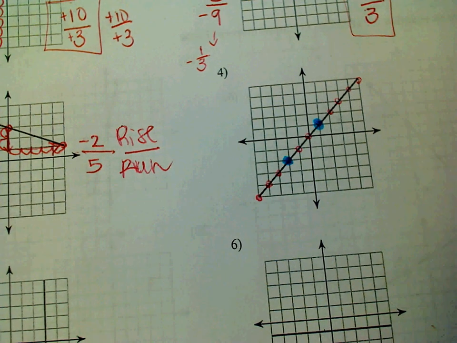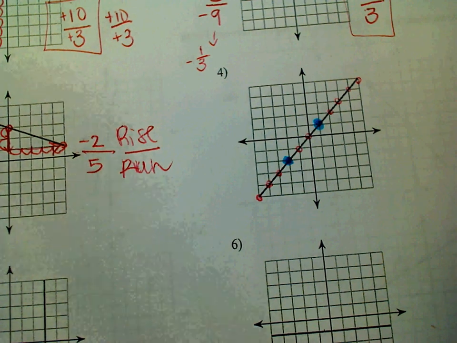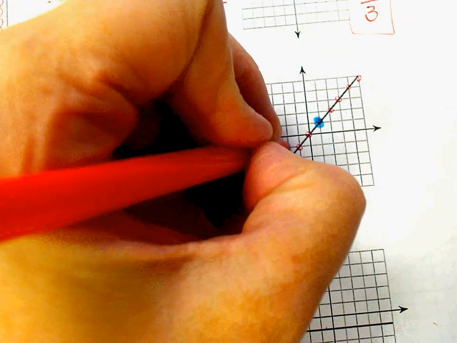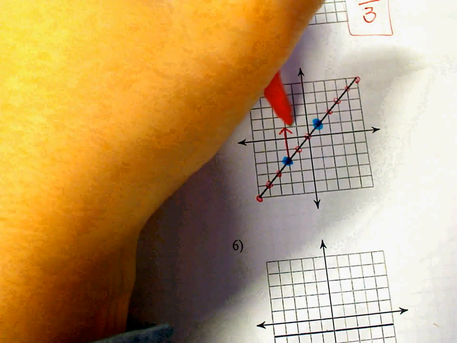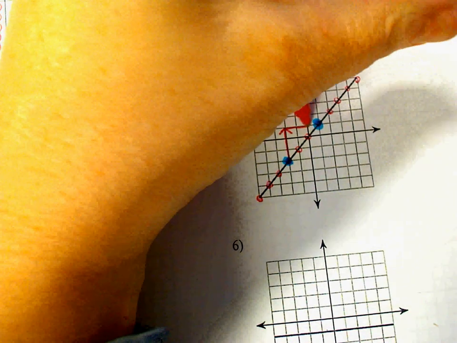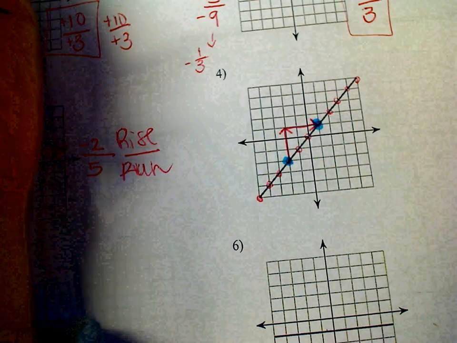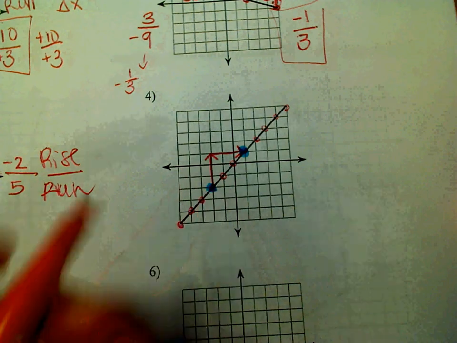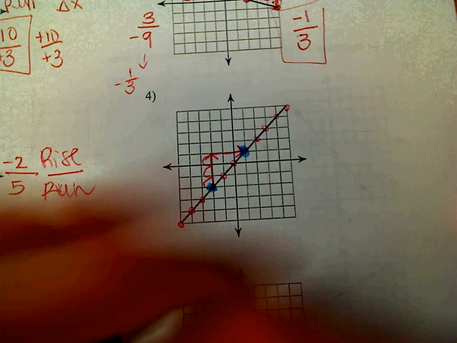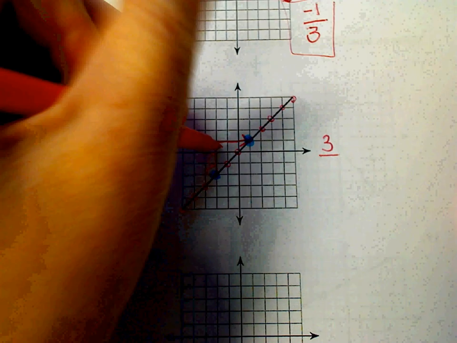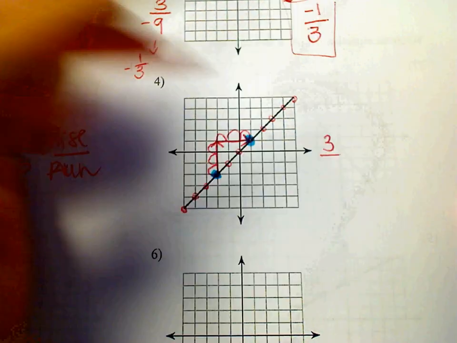That's the cool thing about this. So I'm starting by going up, and then I'm going to go right. My rise here is 3 and my run is also 3, both positive. So positive 3 over positive 3 simplifies to positive 1.